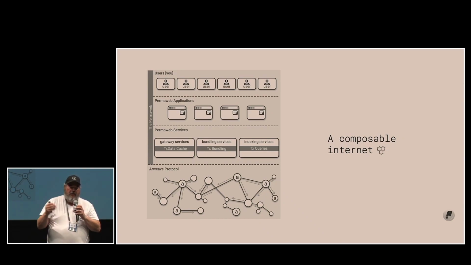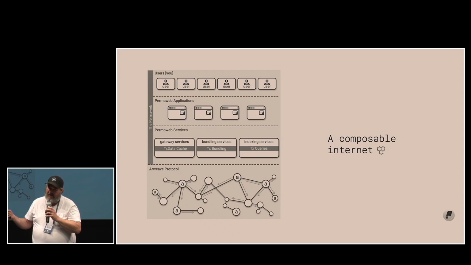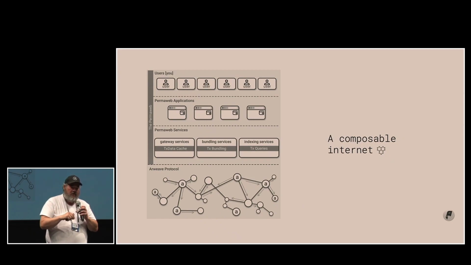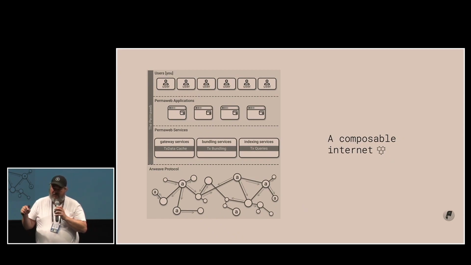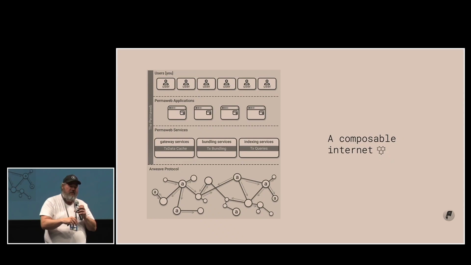And then bundling services, an easy way to explain bundling services is optimizing the write of the data into the Arweave network. And indexing services, an easy way to explain that is optimizing the read out from the Arweave network. So the Permaweb services provide the application speed that you need to serve users' data.